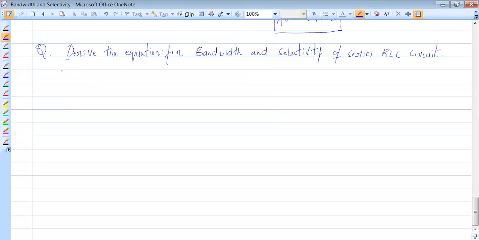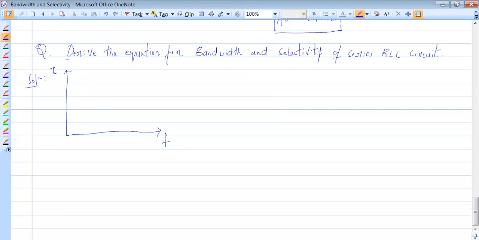Take down this, everybody. I'm just giving you the derivation, the solution for this. The x-axis is F, y-axis is current.